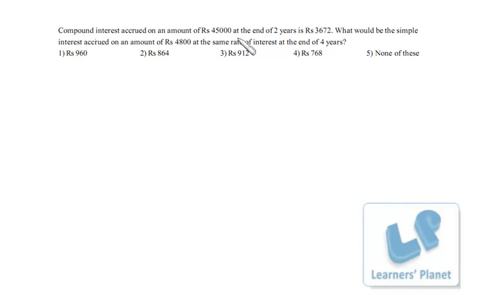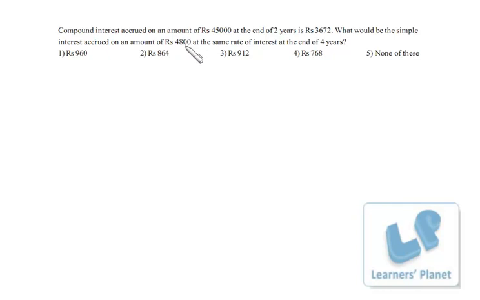Now simple interest is the same every year. So in case of 4 years, if you wish to calculate at 4% per annum, that means in 4 years it will be 16%, right? So 16% of 4800 we have to calculate, right? Now instead of 4800, if it had been 5,000, the total simple interest would be 16% of 5,000, that is 800, right?